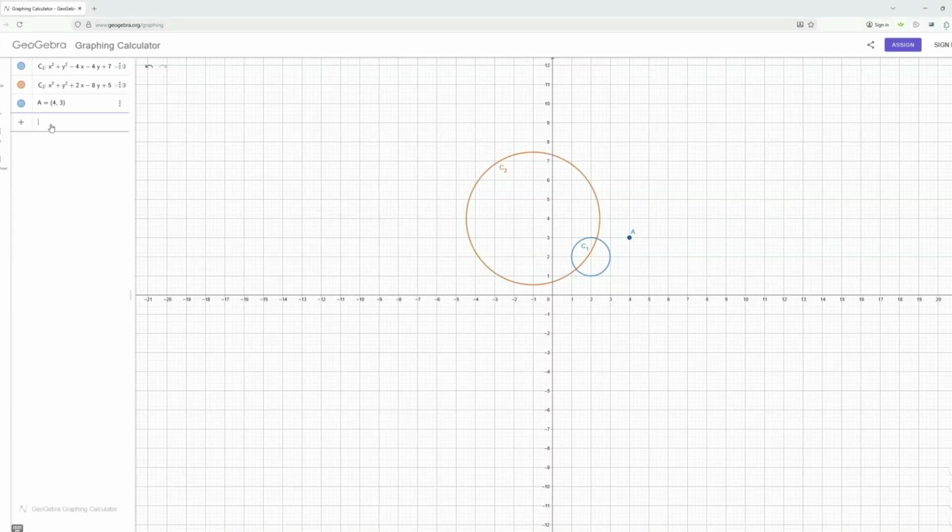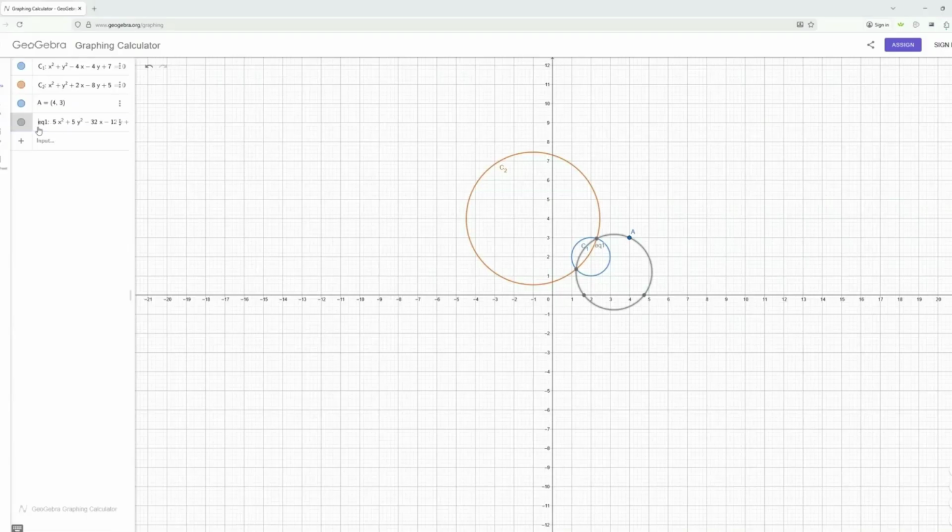And the circle that we determined using algebra was 5x squared plus 5y squared minus 32x minus 12y plus 39 is equal to 0.